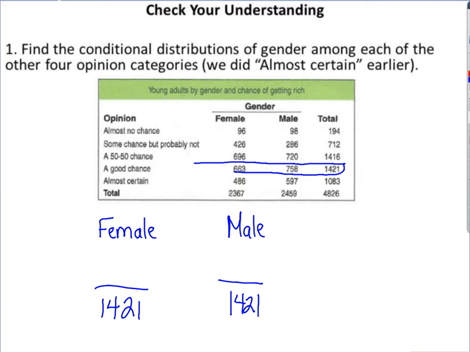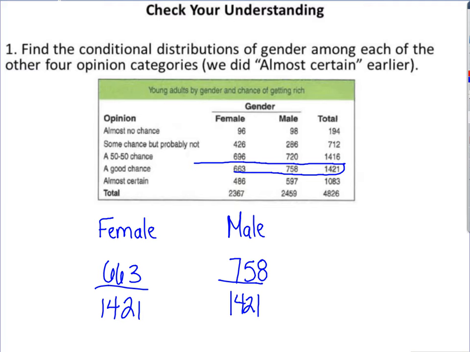Now, of those 1,421 people, 663 of them were female and 758 of them were male. Now we can convert these to percents. Remember, to convert to a percent, you will divide. So we will do 663 divided by 1,421. We can then multiply that by 100 to make this a percent.